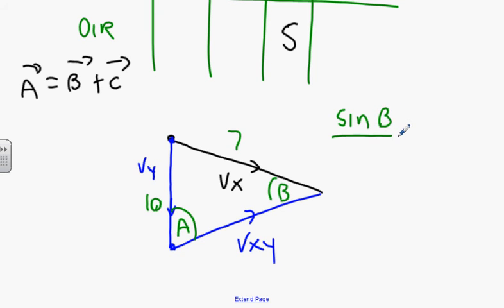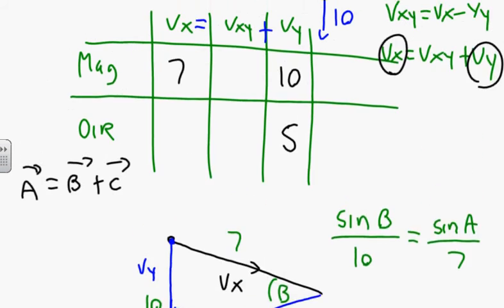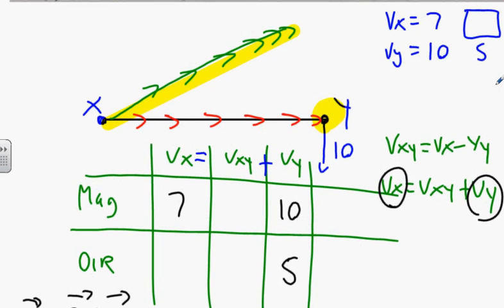Sine B over 10 equals sine A over 7. Now, to get as close as possible, I need this angle here to be as acute as possible. Do you agree with that?